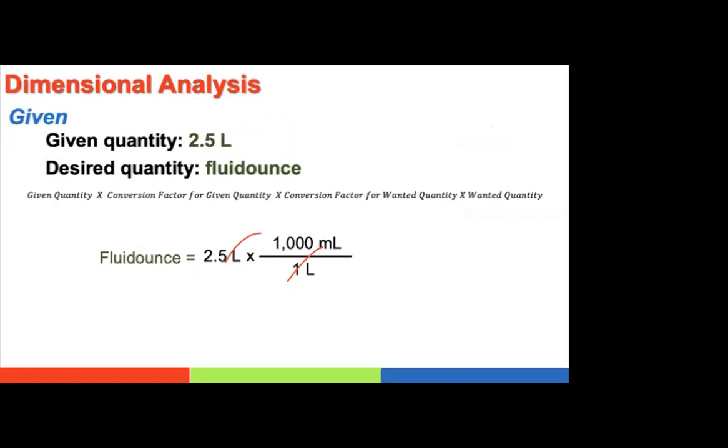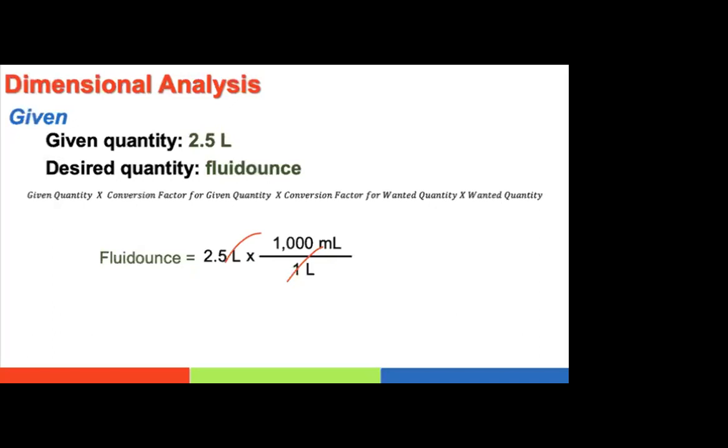Huwag niyong pagbabalik na rin, no? Kayo ang nagde-decide sino ang numerator, sino ang denominator kapag ka-dimensional analysis. Sir, okay lang ba yun? Oo. Ang goal mo, makapag-cancel ng unit. Okay? So, from ml, anong direction na natin? Convert na natin sa fluid ounce because we know that 1 fluid ounce is equal to 29.57 ml.